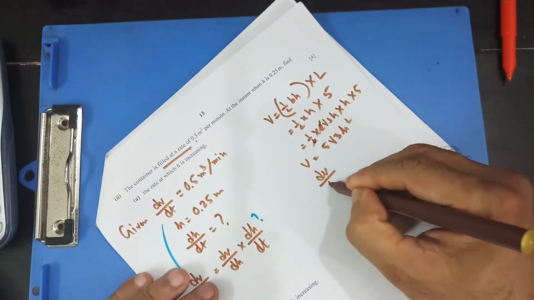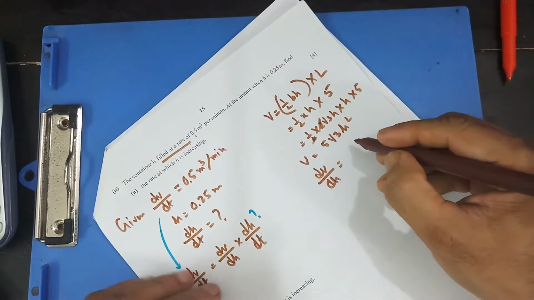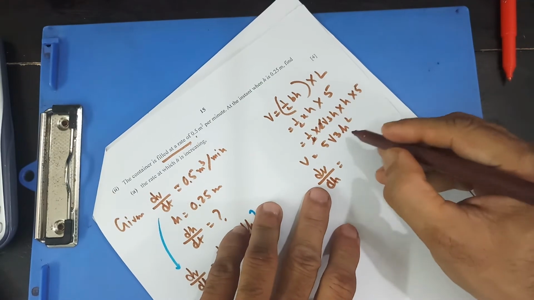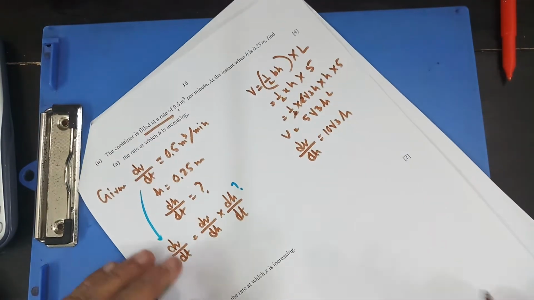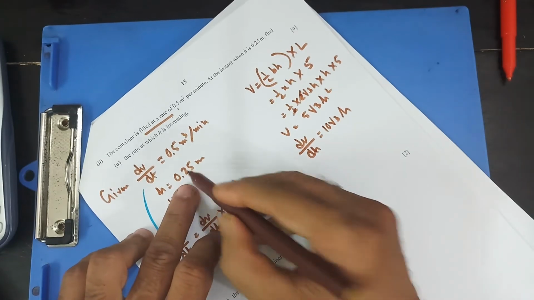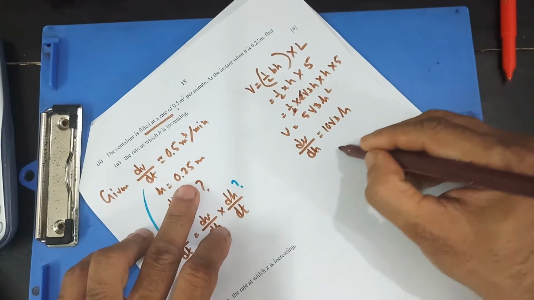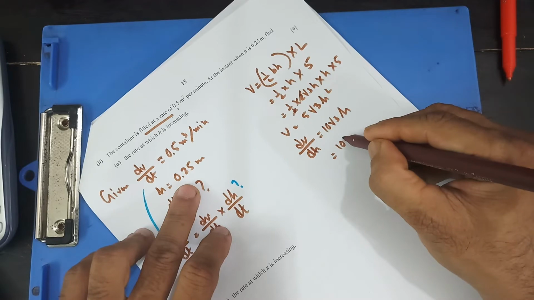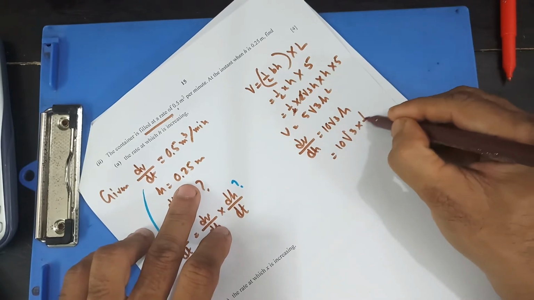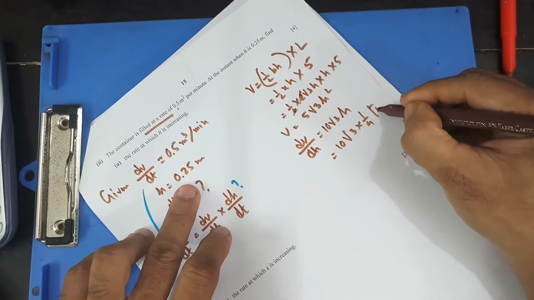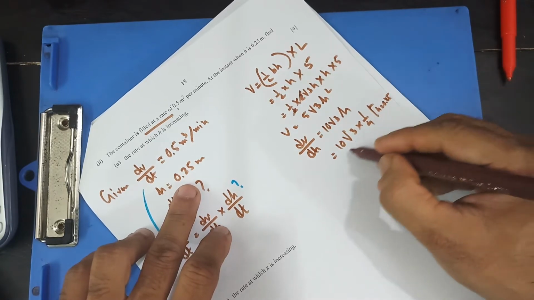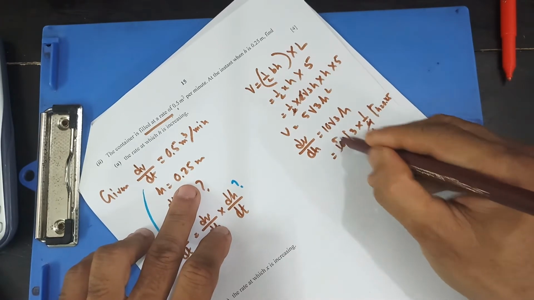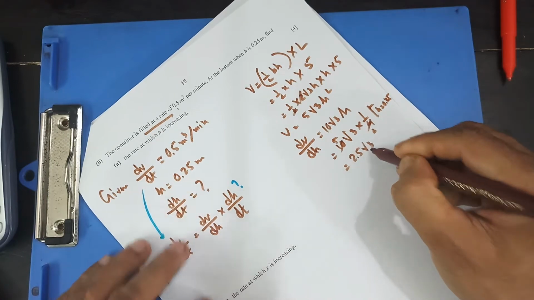Then dV/dH is going to be 10 root 3 H. H is given 0.25, so this is 10 root 3 times 1 by 4, which is 2.5 root 3.